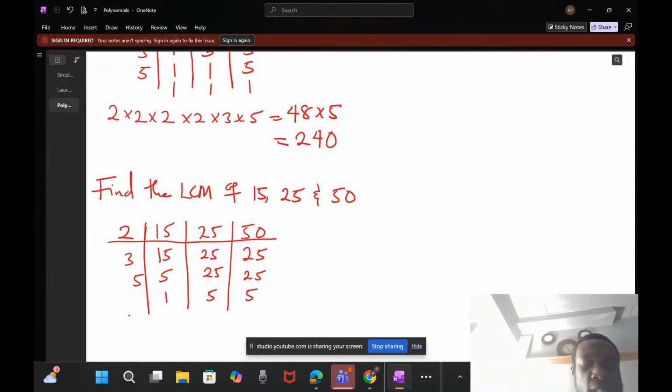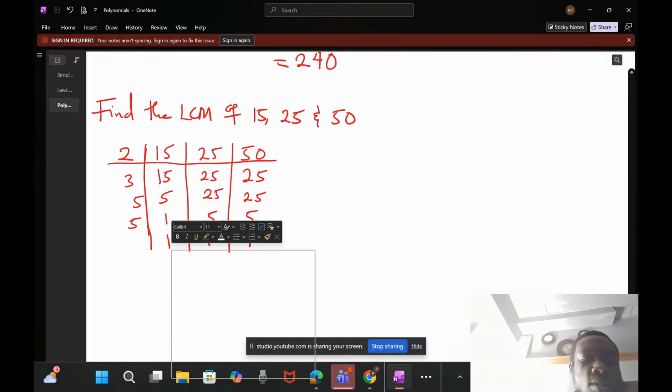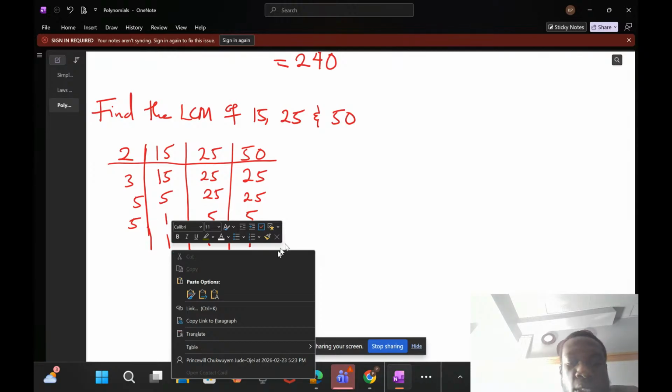Okay, now let's divide with 5 finally. So that's 1. 5 divided by 5 is 1. 5 divided by 5 is 1. Okay, so now let's multiply all the numbers that are on the left hand side.